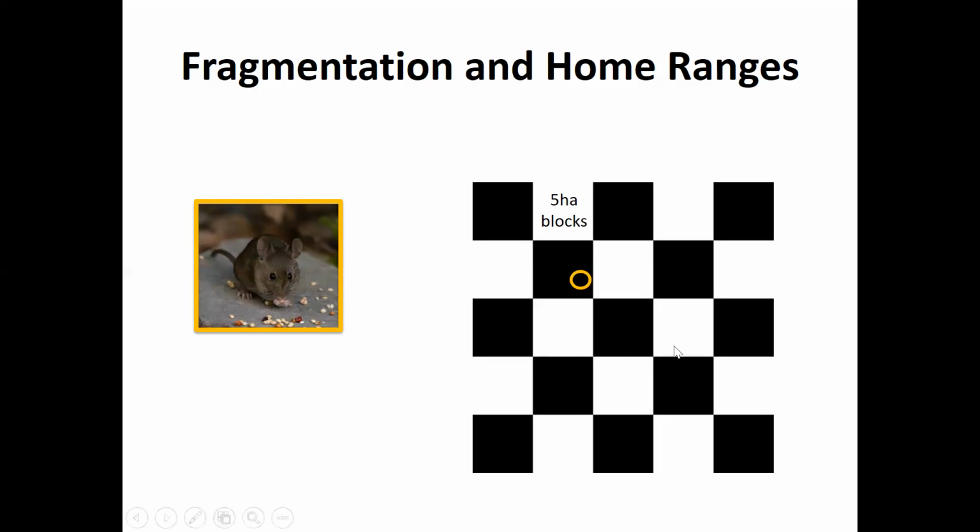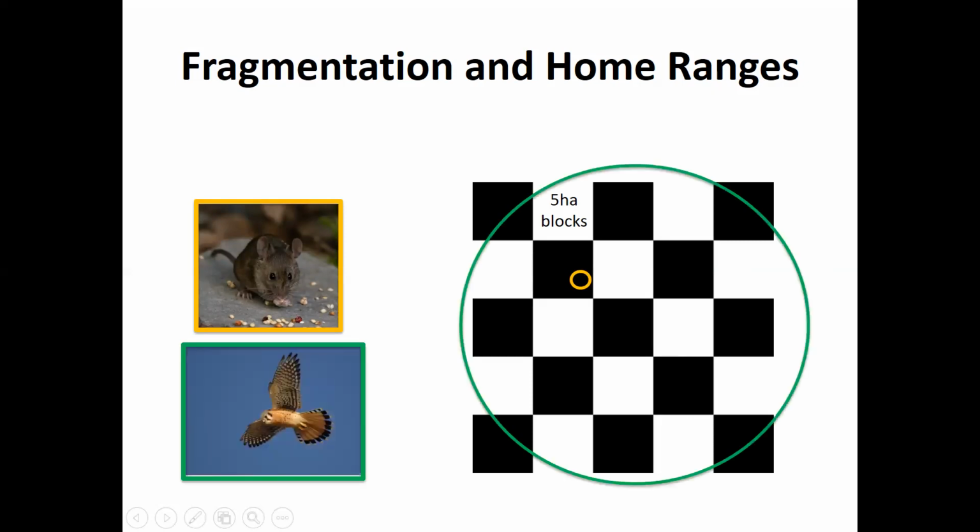Now think about a species like a carnivorous hawk. This species has a much, much larger home range, and so they are going to be much more affected by habitat fragmentation. If you think about what this habitat originally looked like before fragmentation, let's say it was all black, this species has lost half of the viable habitat in which to meet its needs, if this is its home range, right?